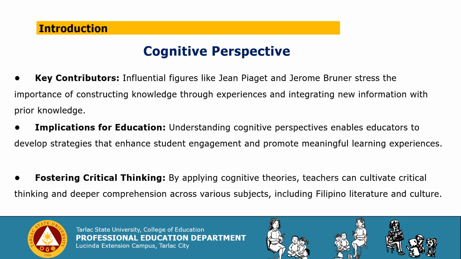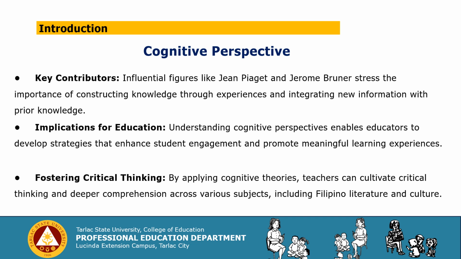Many theories have contributed to cognitive perspectives, but some of the most influential figures include Jean Piaget and Jerome Bruner. Piaget is known for his theory of cognitive development, where he argued that knowledge is constructed through active engagement with the world.